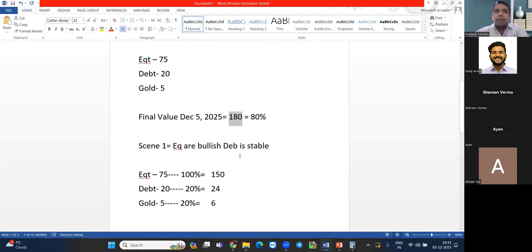Now in scenario 1, I am saying that the view is the same: equities are bullish and debt is stable.